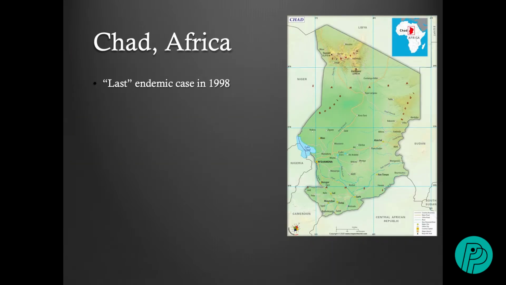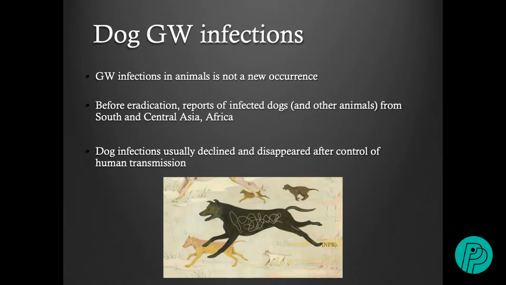So historically, Chad actually was ruled guinea worm free back in 1998. It was considered no longer endemic in the country. But then in 2010, a human case was detected. And then by 2012, there were dog infections being diagnosed. So dog infections are nothing new.